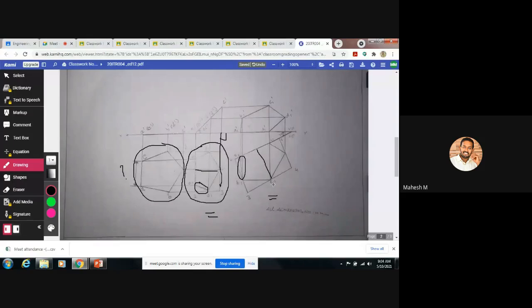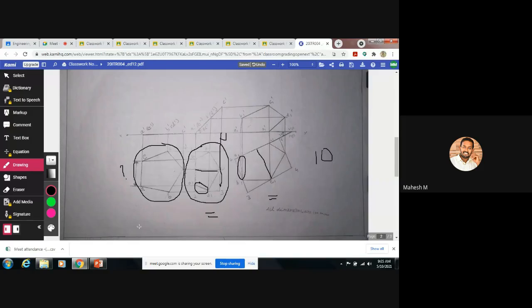For this diagram, if I'm an examiner, I will give you only 10 marks. So please be a little more proper. Out of 20, I will provide only 10 marks. The procedure is right.